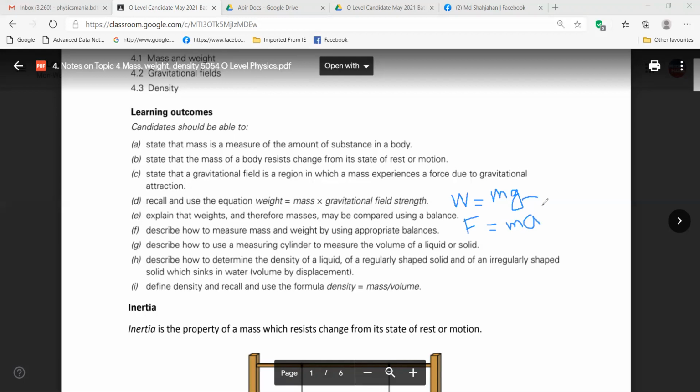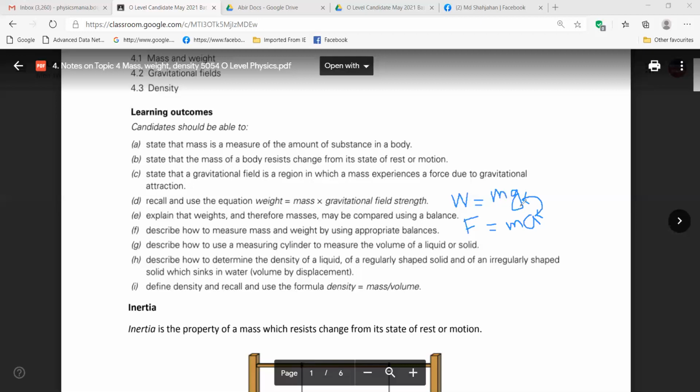So these two, we are getting acceleration, right? This one is acceleration, and this one is acceleration due to gravity, right? Yes. In kinematics, at last we got acceleration of free fall, and the unit was meter per second square.